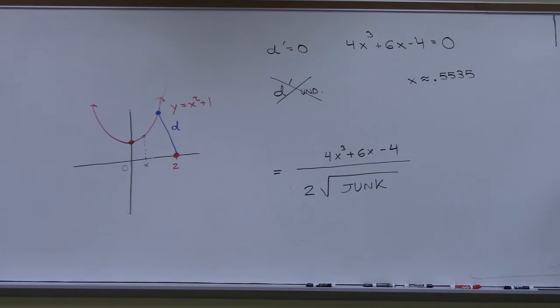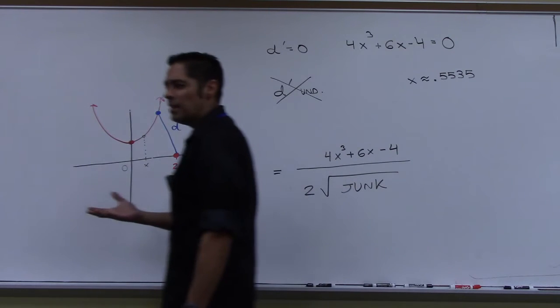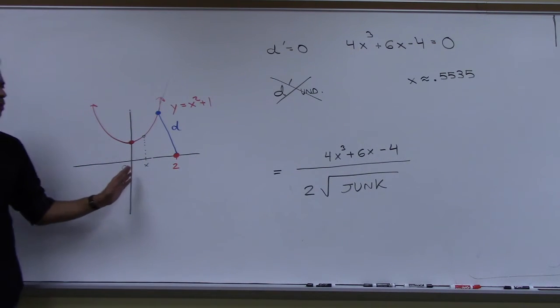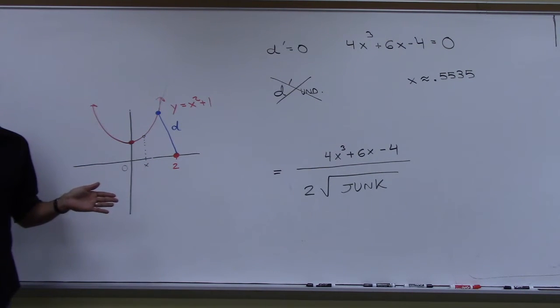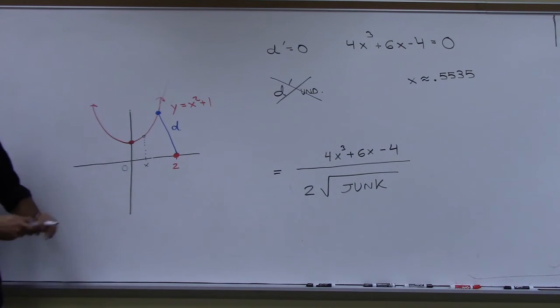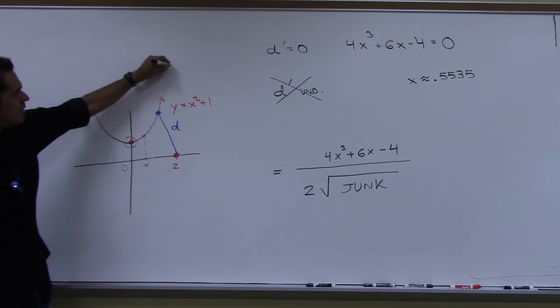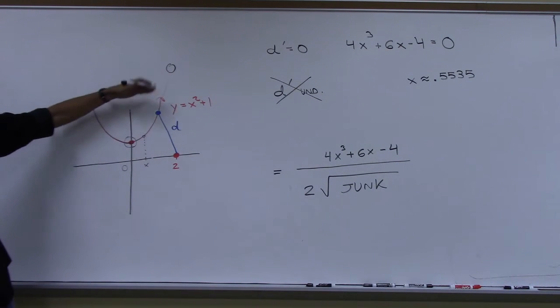And so what do we do with this? We plug it in and we compare the endpoints, right? But really, do we have to compare the endpoints? No, because we picked 2 points, 0 and 2, that we knew for sure the distance was further, right? Logically, looking at the picture. If I look at this point, which is what I get when I plug in x is 0, and this point, which is over here when x is 2, my point had to be somewhere in here, right?